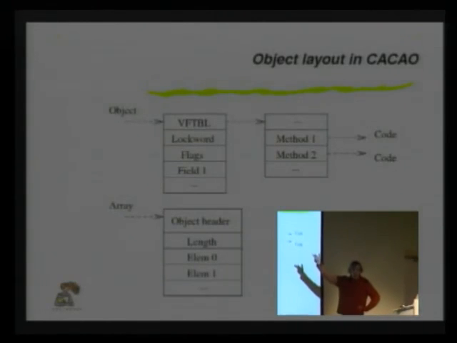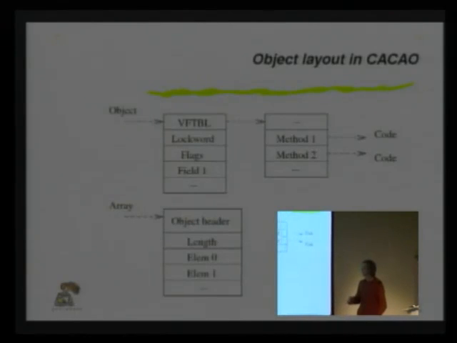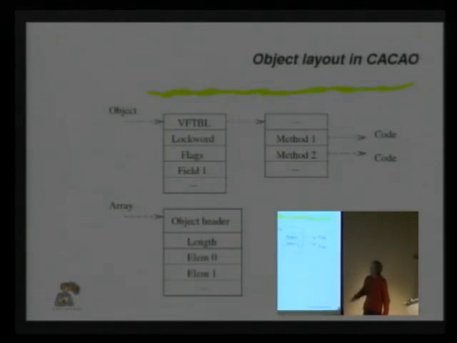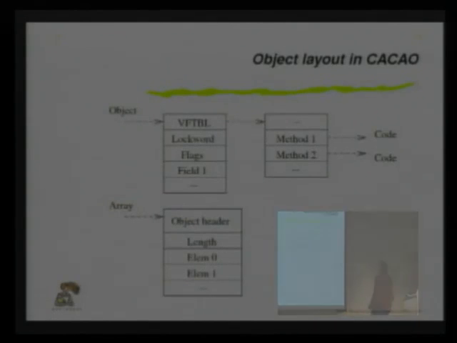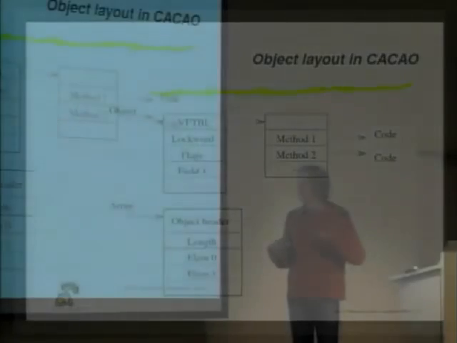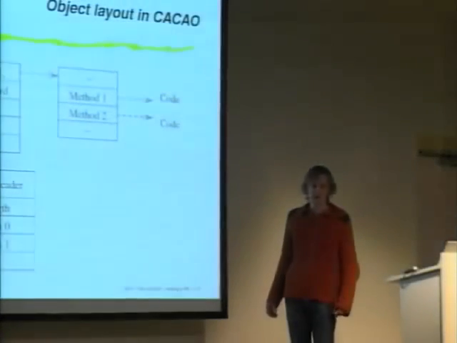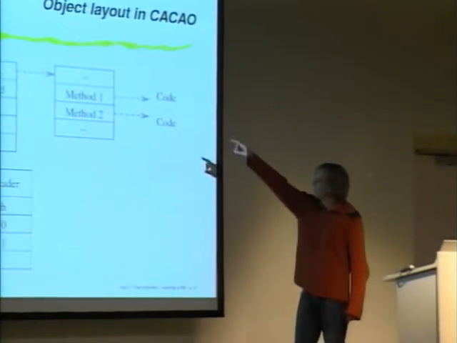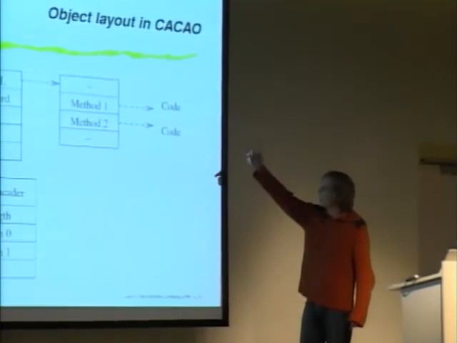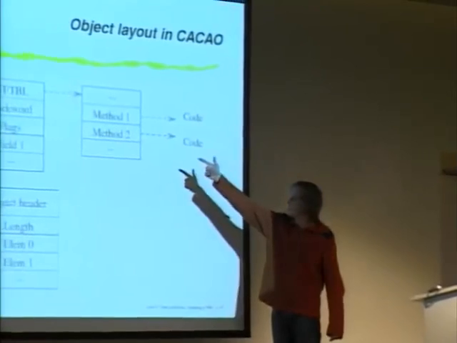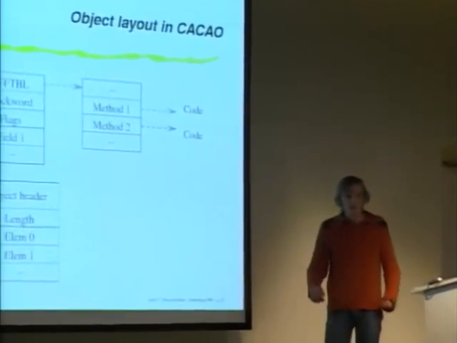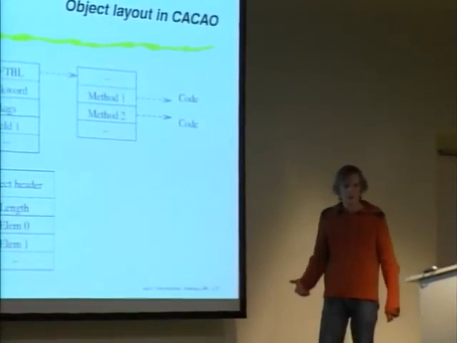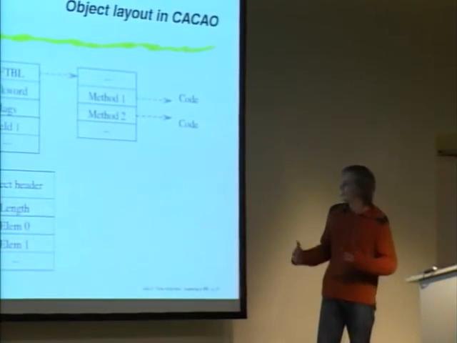If you have the object pointer and invoke, say, object toString, first the virtual function table pointer is loaded from offset 0 of the object pointer. Then the name of the method is converted to a method index, and this index is used to load the entry point of the method from this virtual function table. And finally, the executable code is called.